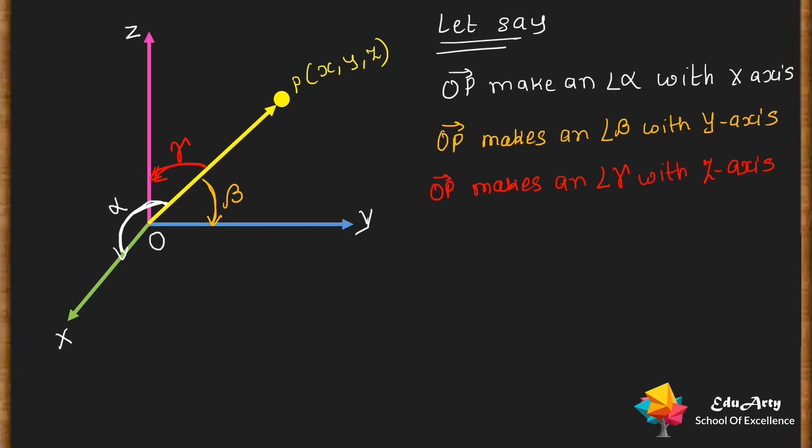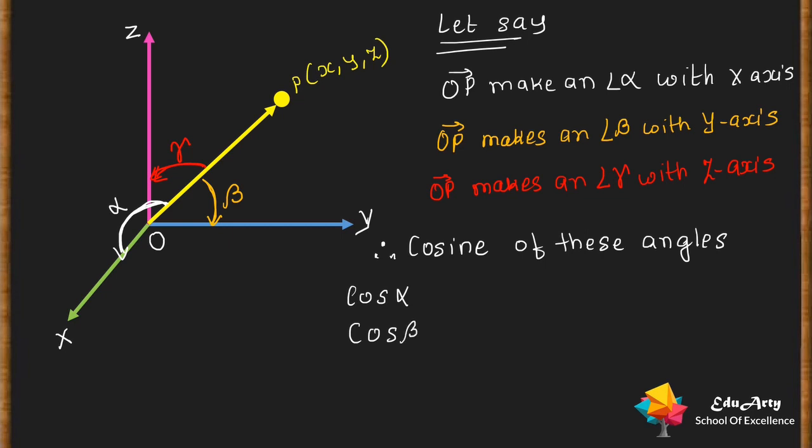To know the OP vector direction, we define these three angles, and if we take the cosines of these angles, they are cos alpha, cos beta and cos gamma, correct?